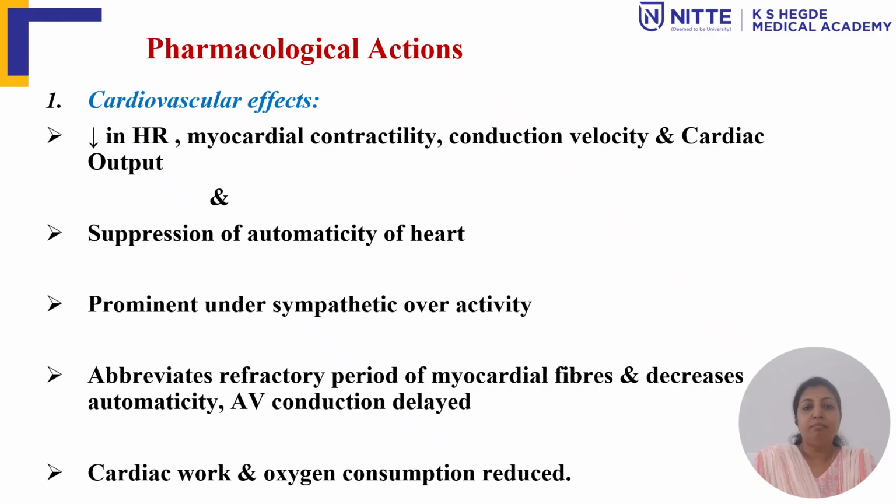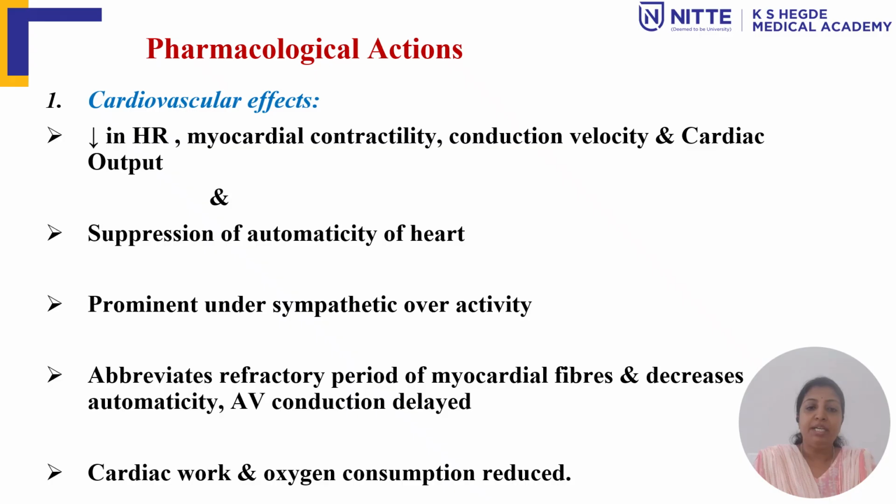Propranolol can reduce the heart rate, myocardial contractility, conduction velocity, and cardiac output. All these effects are seen by blocking the beta 1 receptor in the heart. It also reduces or suppresses automaticity of the heart.